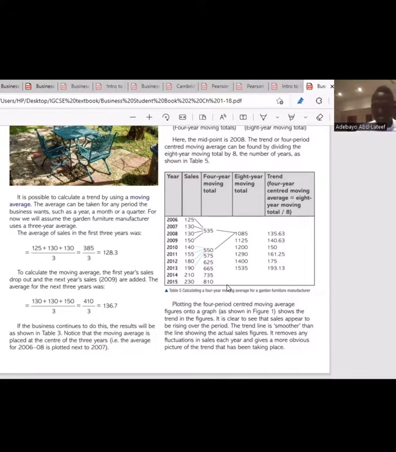Do you get it? Yes. So centering involves calculating the sales of the first 4 years, the sales of the second 4 years to find the total, then divide by 8. But I talked about that. Now we go to predicting.